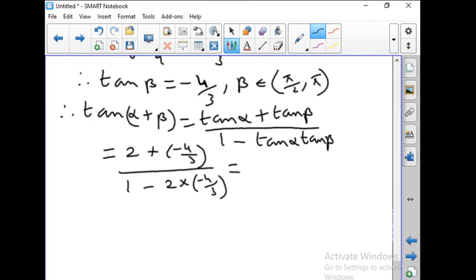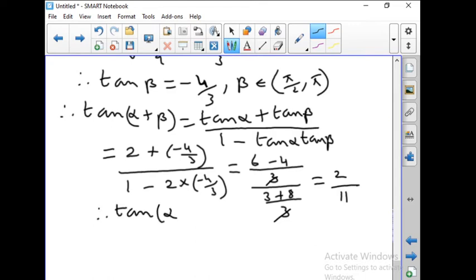So it is equal to, take LCM. So taking LCM, 3 is the LCM. So 6 minus 4, divided by, in the denominator also the LCM is 3, so we get 3 plus 8. How do you get plus 8? Minus 2 into minus 4. Therefore 3 gets cancelled. 6 minus 4 is 2, 3 plus 8 is 11. So tan of alpha plus beta is equal to 2 by 11.